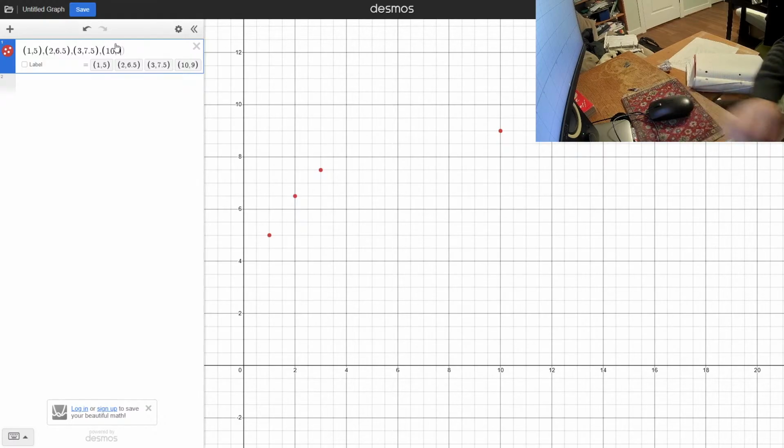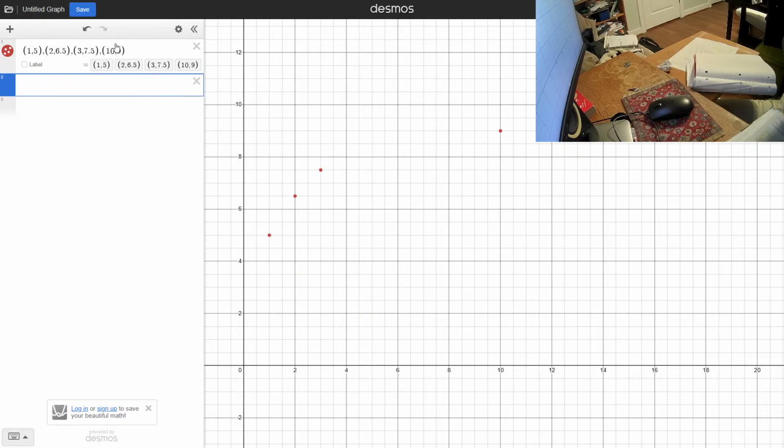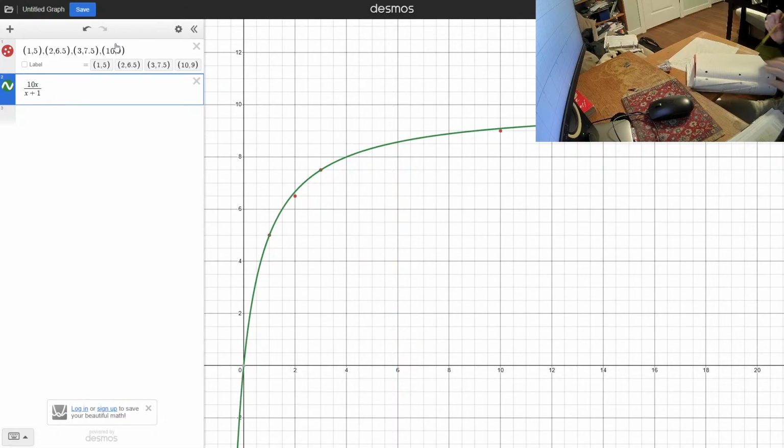Kind of get the idea, right? And let's see here, 10 over x plus 1. It's not that. 10x over x plus 1. Yeah, it's that one. So the answer is C.